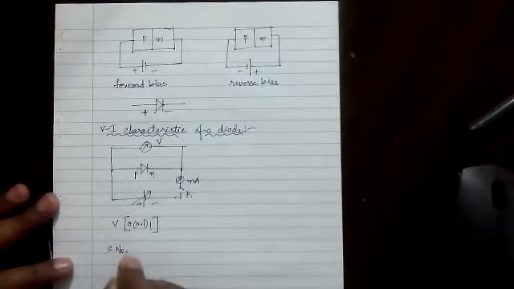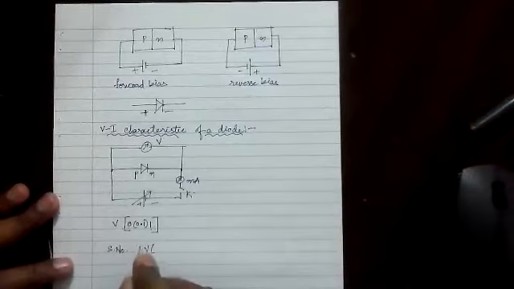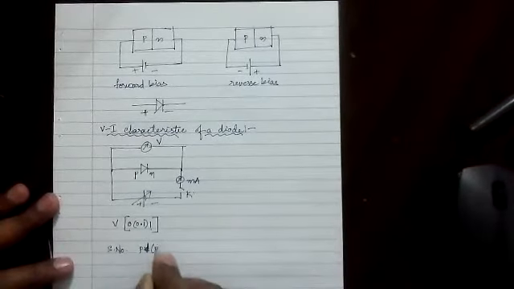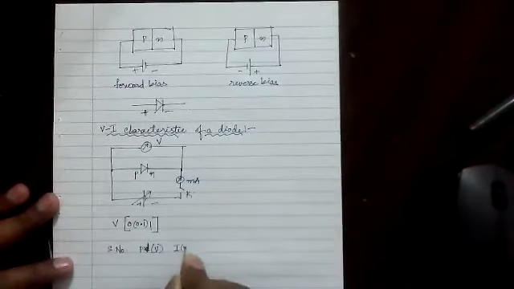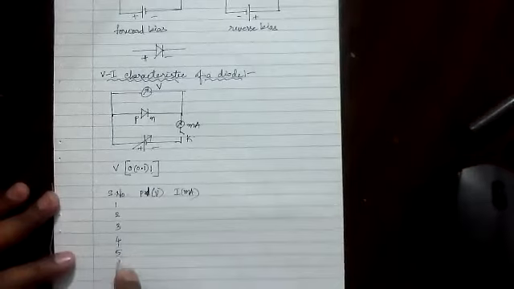We write the serial number here, voltage in volts, the potential difference in volts, and current in milliamperes. So what will happen when you do this experiment? Suppose I am doing this experiment, how will these readings be? I just want to show you.